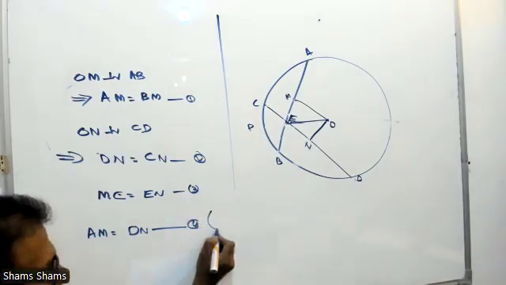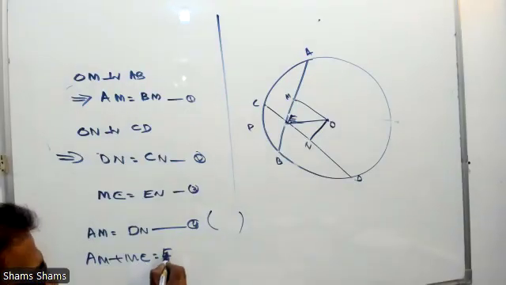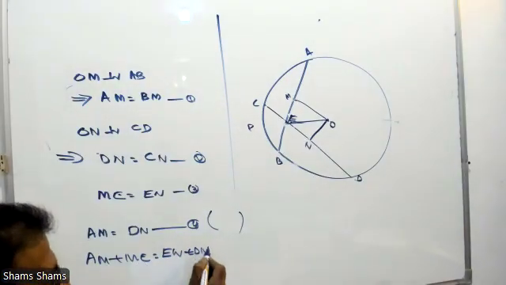Number 4: since AB and CD are equal, AM equals DN. Then adding 3 and 4, we get AM plus ME equals EN plus DN.